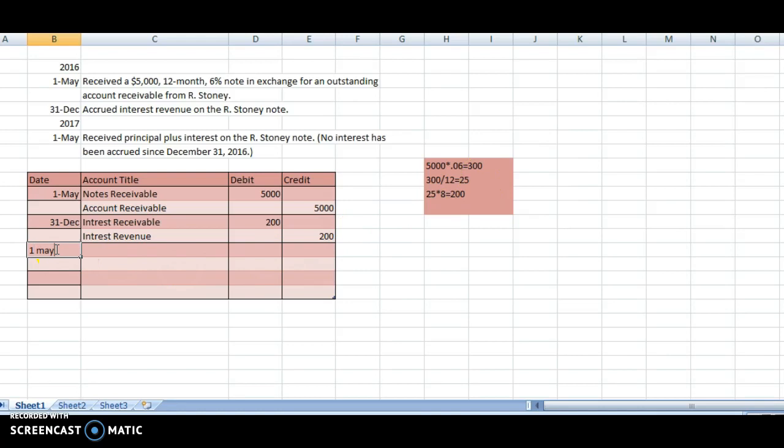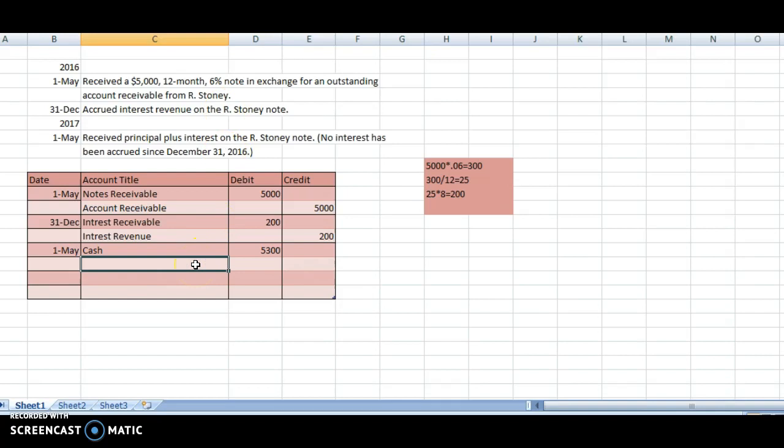So first we put in the date, and since we have received it, we are going to debit cash. Cash is going to be the total amount, the note plus the interest that has been accrued. So the total is going to be $5,300. That is how much we will receive.